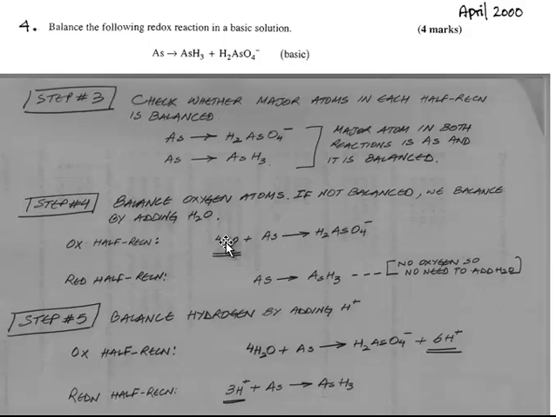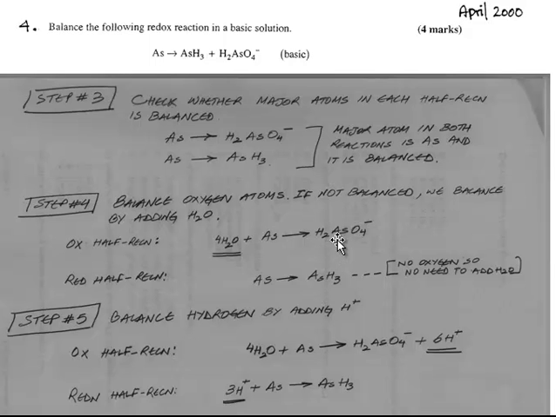Now you might wonder, okay, we introduced water here, but what about the hydrogen? That is step 5. We balance hydrogen by introducing H+. In the oxidation half reaction, there's 8 hydrogen on the left hand side and only 2 hydrogen on the right hand side.